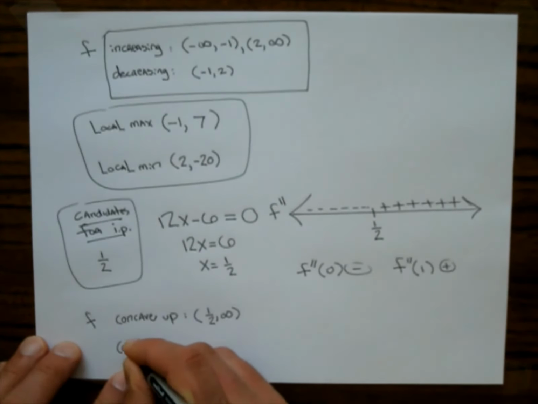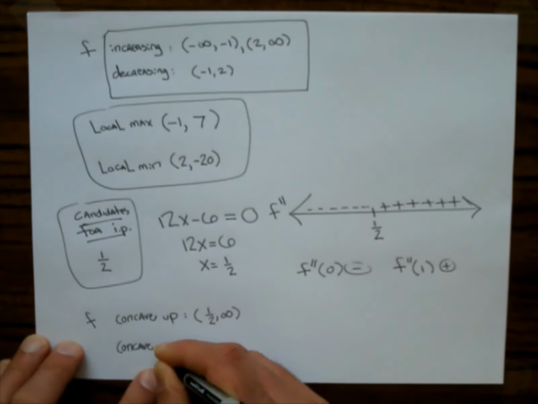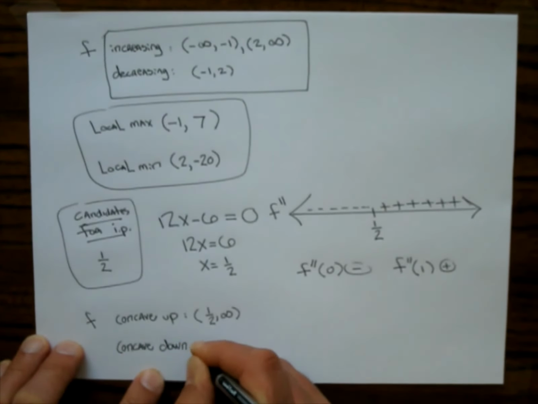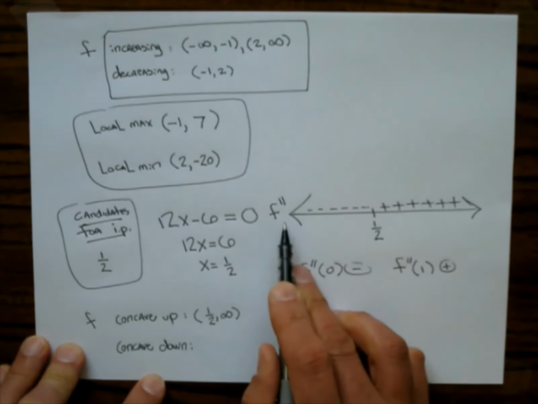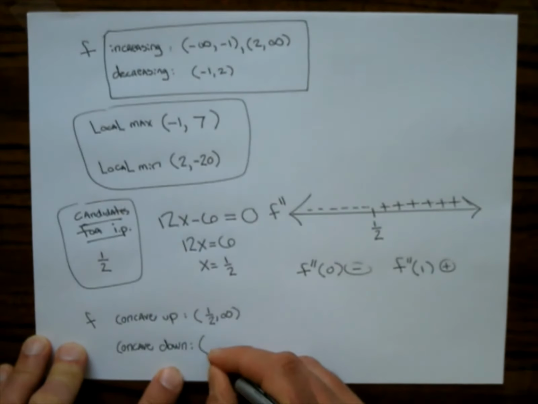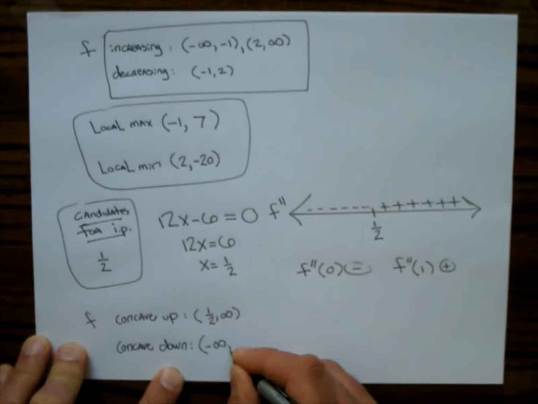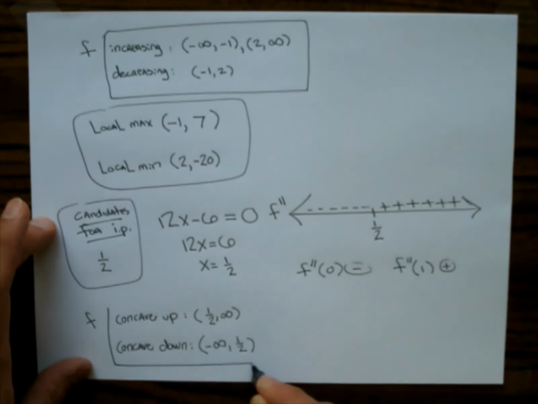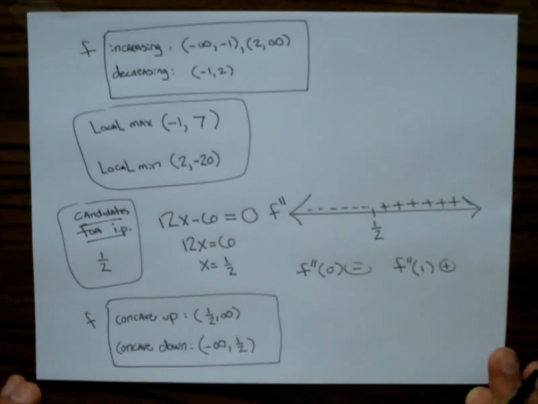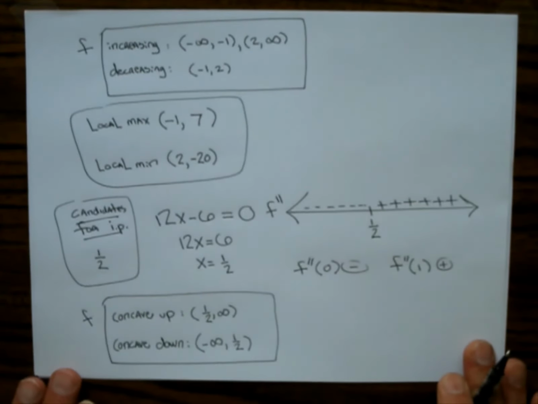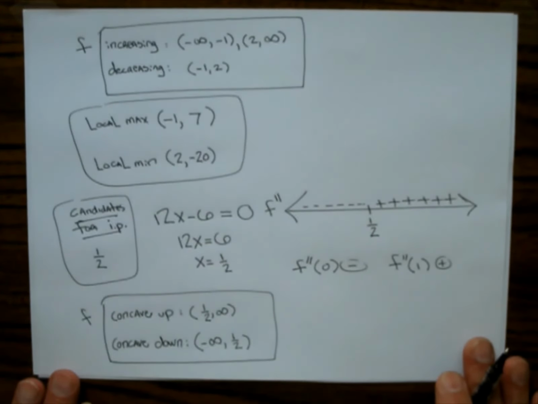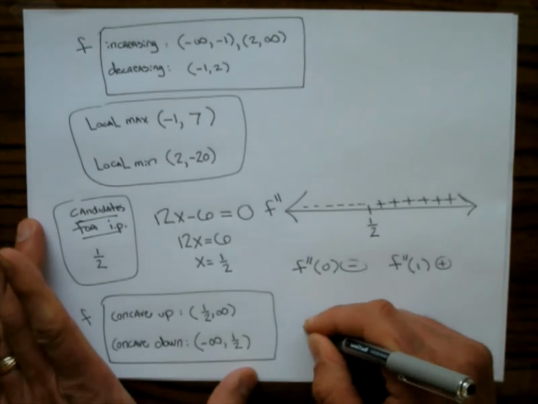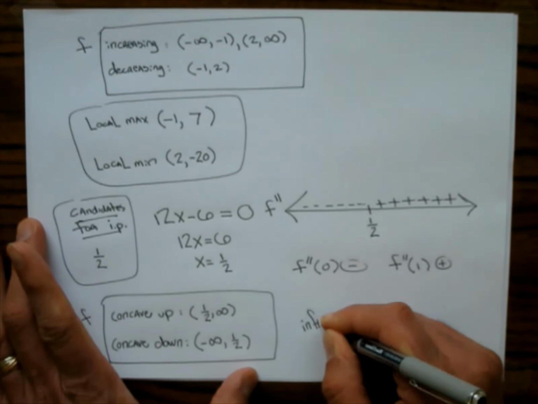And F is concave down, the frown, from negative infinity to 1/2. And so that's our concavity. So they say, hey, describe the concavity. We just did. If they ask us for inflection points, okay, so I'll spell it out here.